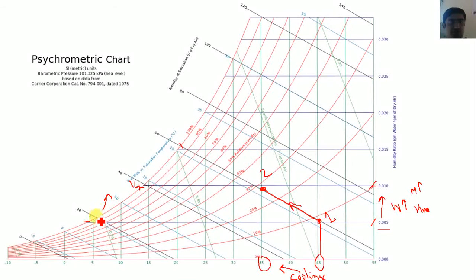So 4 to 14 means that there must be an increase in the dew point temperature of the air. And the relative humidity also gets increased from 1 to 2. All these things happen in the adiabatic saturation process.